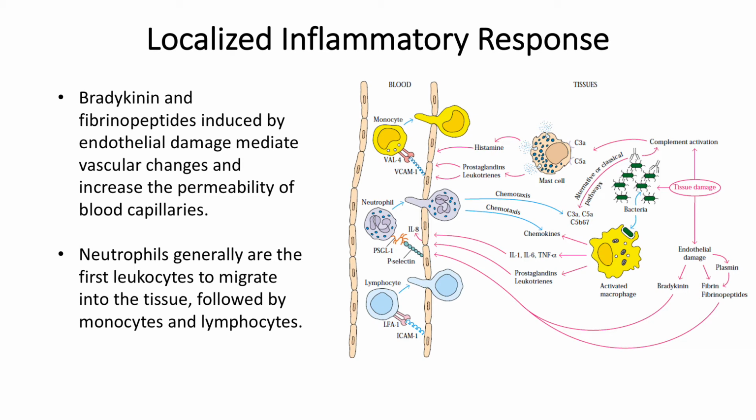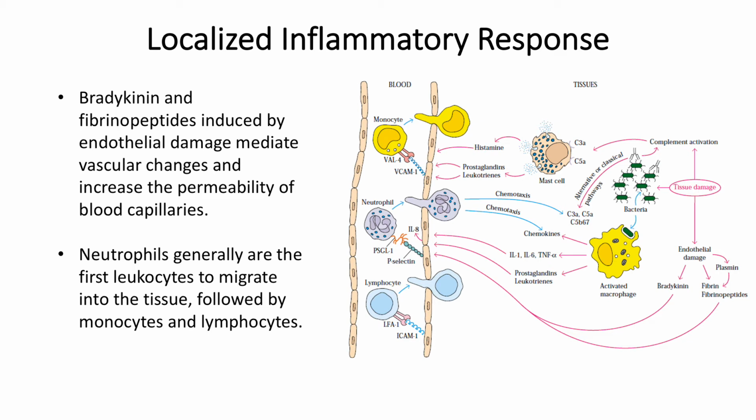Localized inflammatory response, you can see in more detail in this picture. Look at the tissue damage on your rightmost side, the pink oval diagram. Tissue damage leads to 3 parallel reactions. In the first one, the chemicals released are bradykinin, fibrinopeptides, and the third one is plasmins.